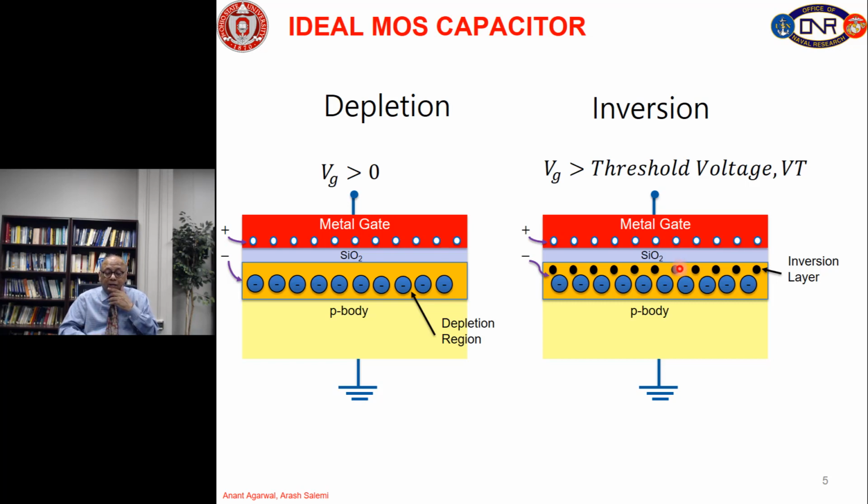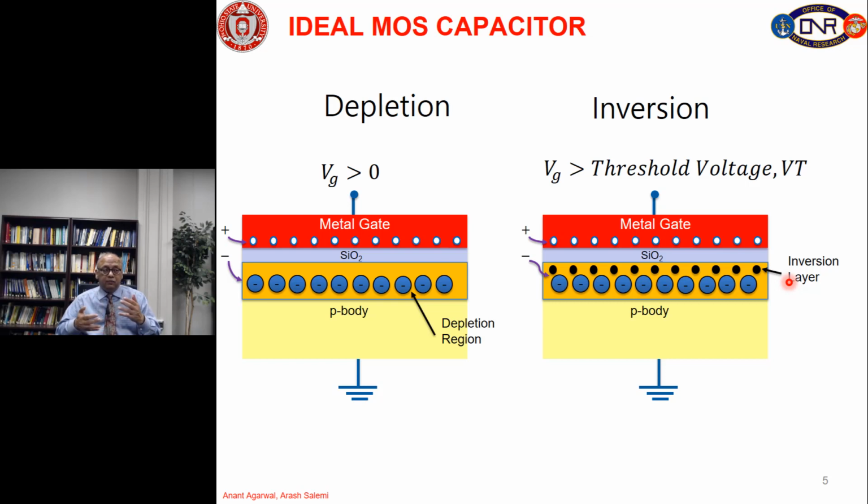So, together these 2 sets of negative charges with positive charge in the metal gate will help drop the gate voltage across the oxide and across the semiconductor. And this layer of electrons is called the inversion layer.